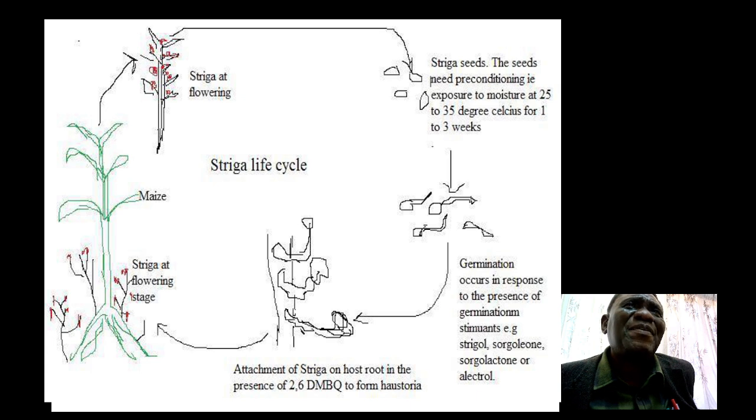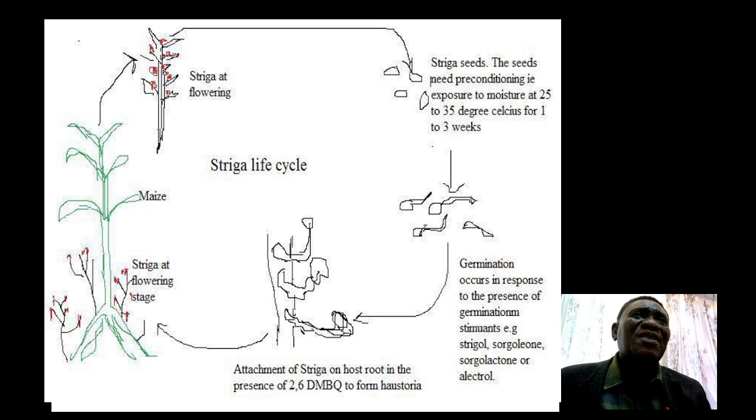by limiting soil moisture if we can, or here we can change varieties, find varieties which do not support the germination of striga, although the conditions could be there for preconditioning.